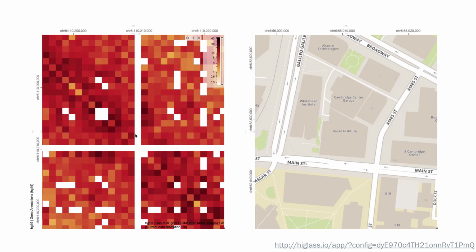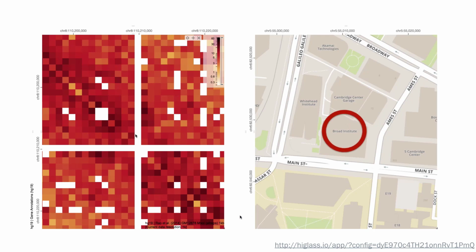This is a chromosome conformation matrix. We're in chromosome 8 in a region of about 10 kb, so there are about 10 bins in here. That's the highest resolution we can get.